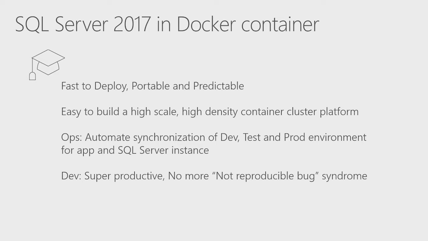Using Docker containers, you can easily build a high-scale, high-density container cluster platform. For ops, we can easily automate the synchronization of dev, test, and production environments. For devs, it makes us super productive, and no more saying it does not reproduce on my machine, while the app and database are failing in production or on a customer's machine.